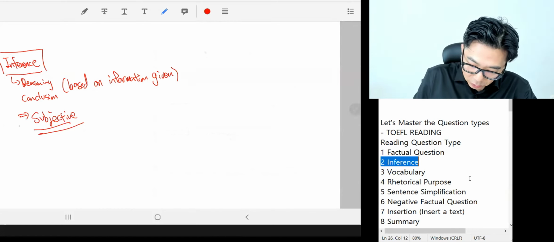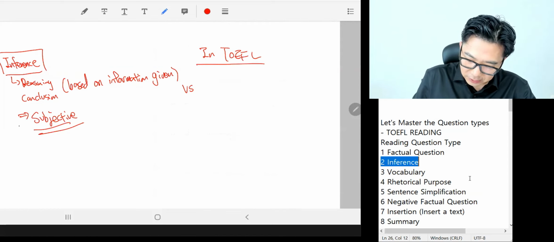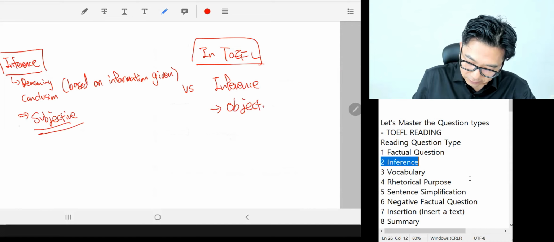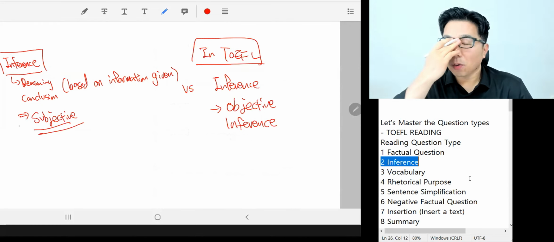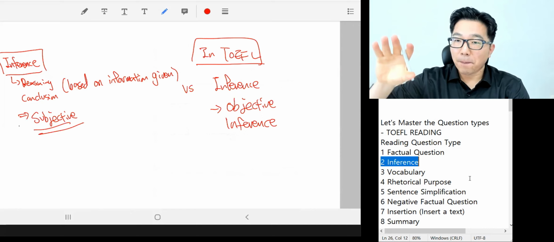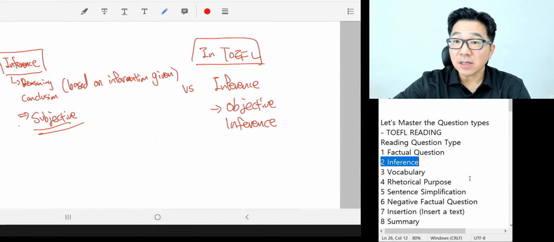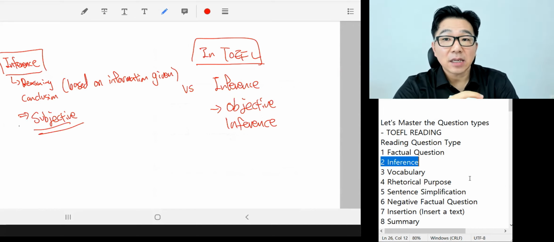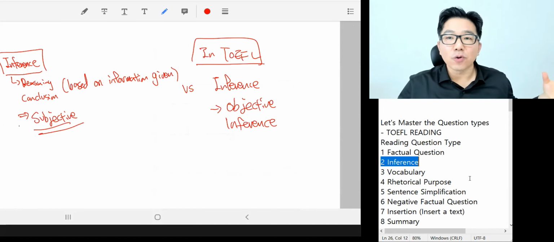So in TOEFL, inference means objective inference. Okay? So sounds obvious, but this is really important point. So based on information given, your answer choice must be right regardless of who you are.